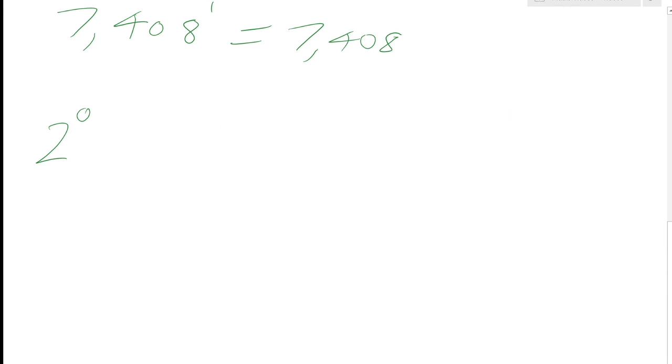We know that 2 to the 0 times 2 to the 1 equals 2 to the 0 plus 1 power. That is our first law.